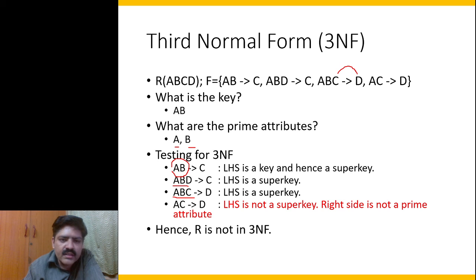AC is not a super key. So if AC is not a super key, then we expect D to be a prime attribute. But D is also not a prime attribute. Since D is also not a prime attribute, we can spot transitive dependency here. So R is not in third normal form.